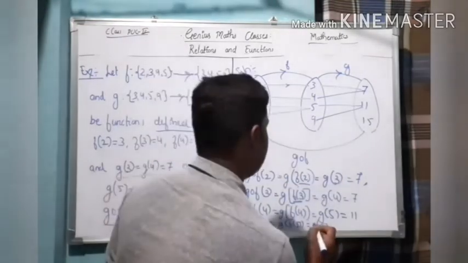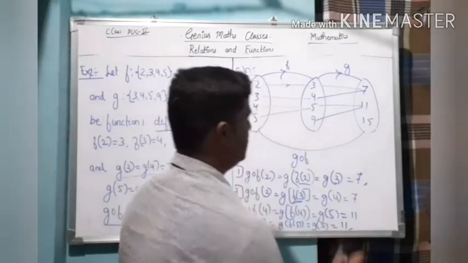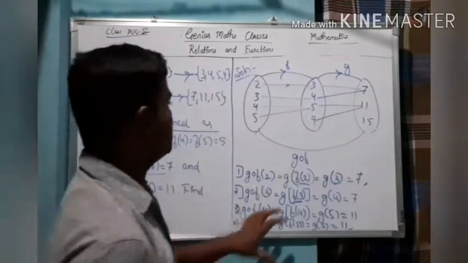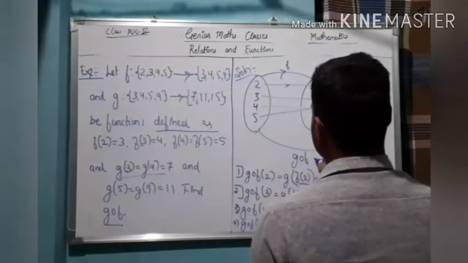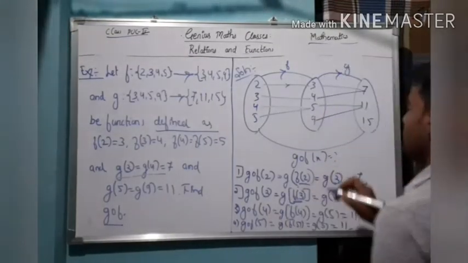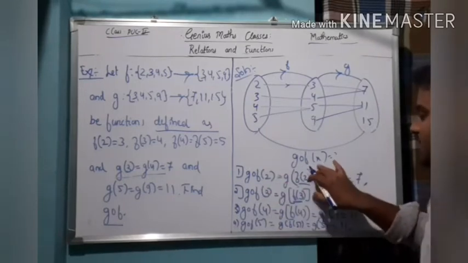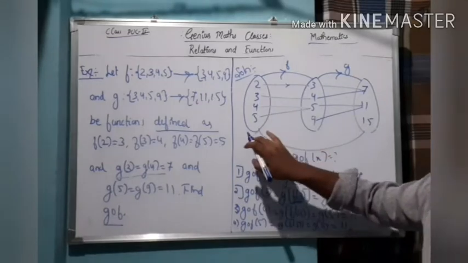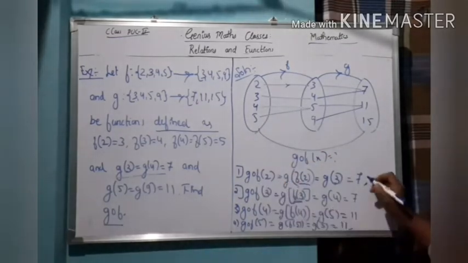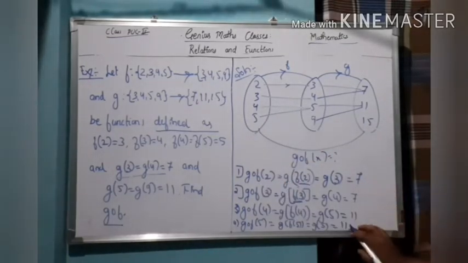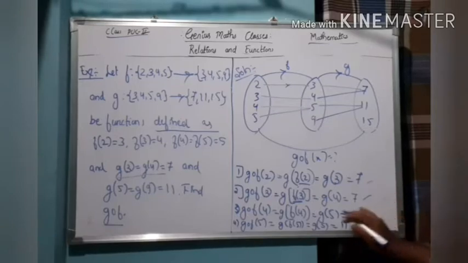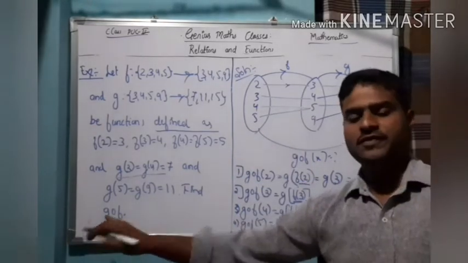So g of 5 is again 11. So this is the composition function, and this is the solution. This is g∘f of x. For all the values of x, 2, 3, 4, 5, the result is the same. The result is like this. So this is the solution of g∘f.